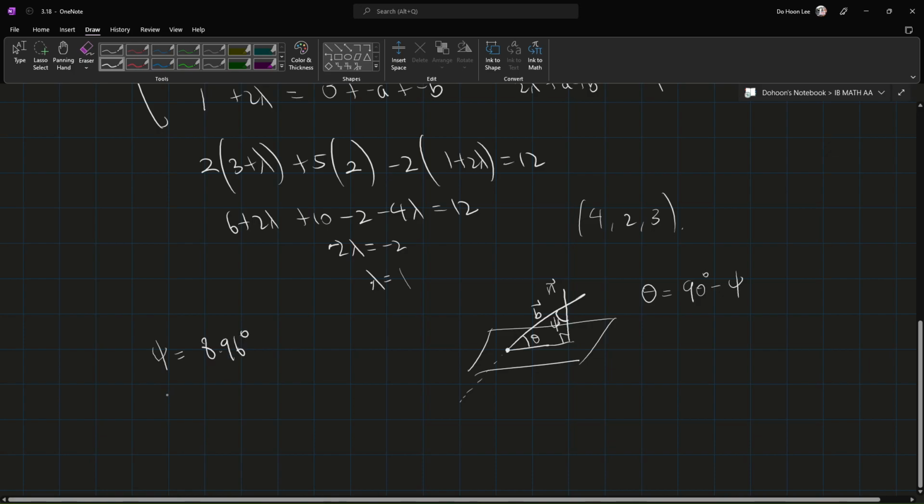Then from that, we know that theta, which is the angle between the line and the plane, is 81.04 degrees. So the answer is 81.04 degrees.